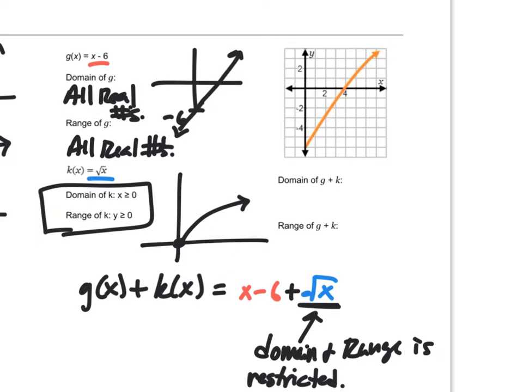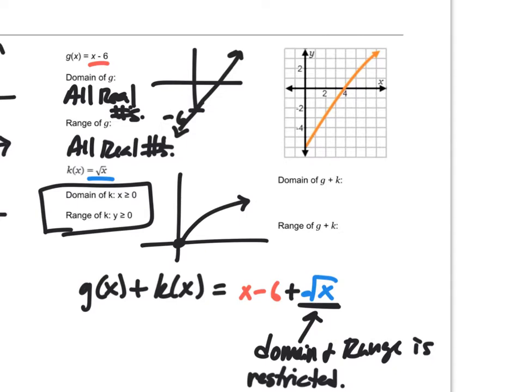All of a sudden, just because you added this equation here of x minus 6 to this other function, square root of x, okay, this was all real numbers, but because this new part, okay, the domain and range is restricted, it kind of screws up the rest of the graph, and it changes the domain and range, okay?